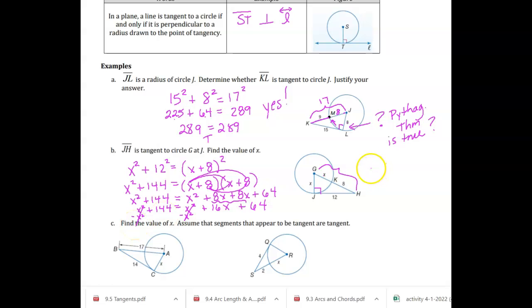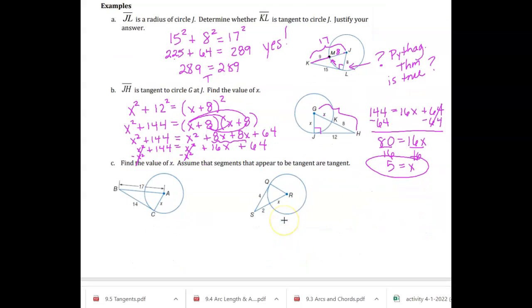So we're left with 144 on the left and then 16x plus 64 on the right. Then my x is on the right, so we're going to move the 64 by subtracting it. So 80 equals 16x, divide by 16, and x equals 5. And that's all they were looking for.